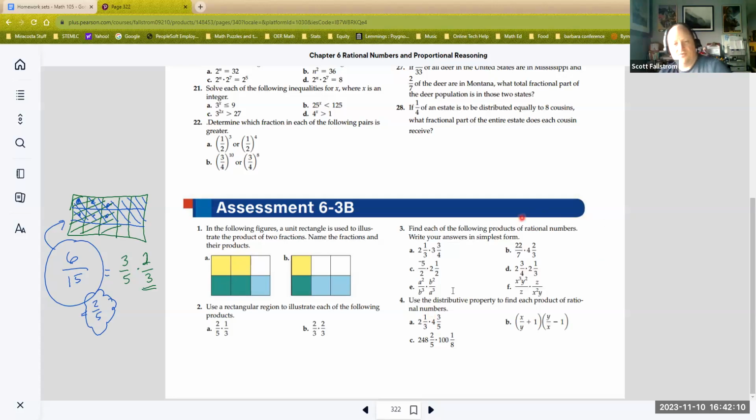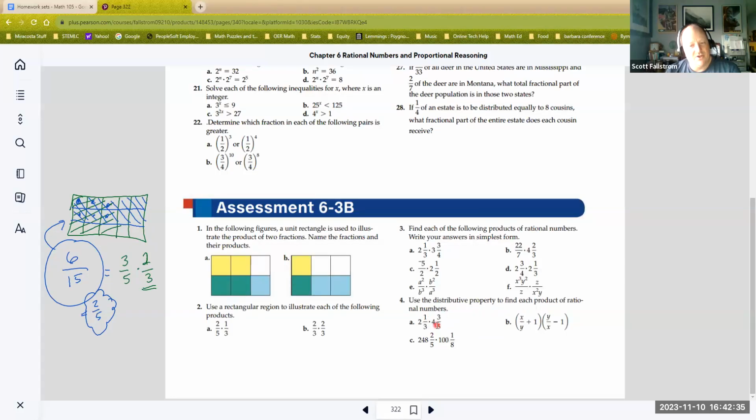Then you get some practice with multiplication. I really try to make sure you have some mixed numbers in here so that you are forced to either multiply them as mixed numbers or think of these as improper fractions. You can do it either way here. For number 4, it says use the distributive property.